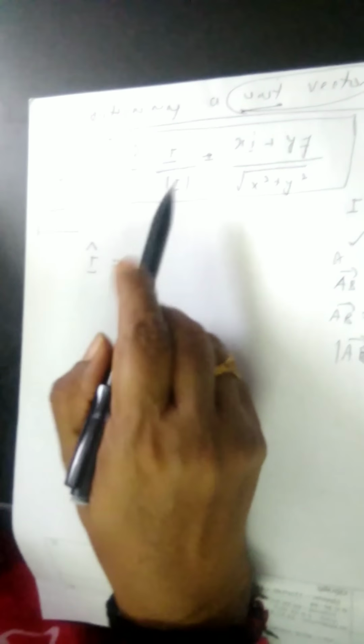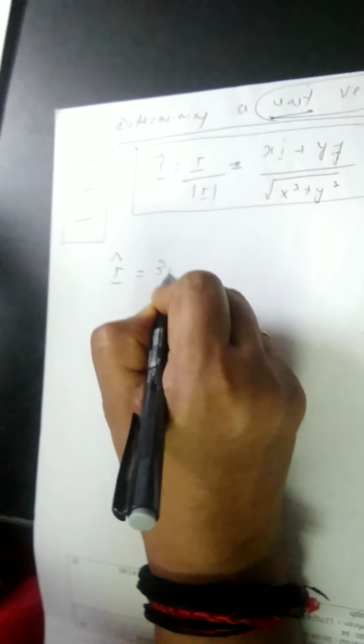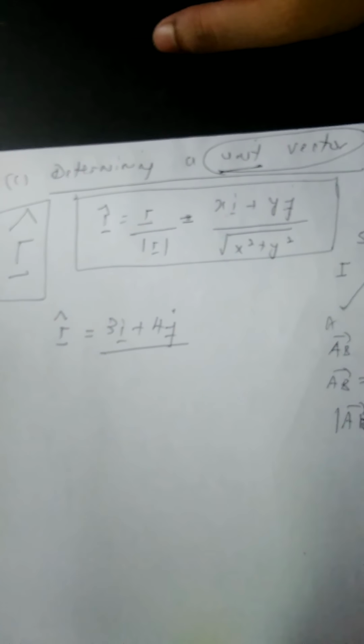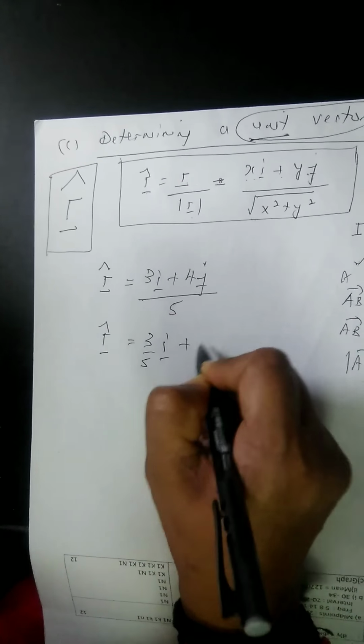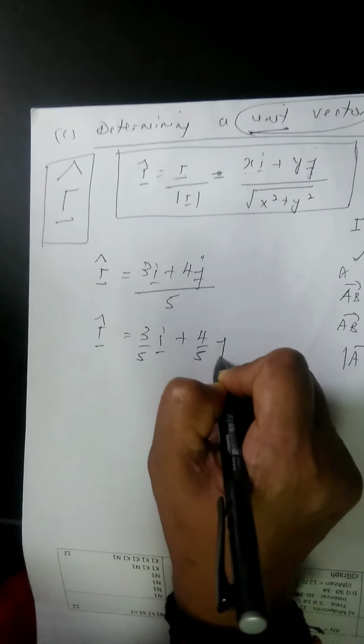So what I'm going to do now is take my R, xi plus yj, so this is 3i plus 4j, over the magnitude of this vector, which is 5. So my unit vector of AB is 3 over 5 i plus 4 over 5 j.